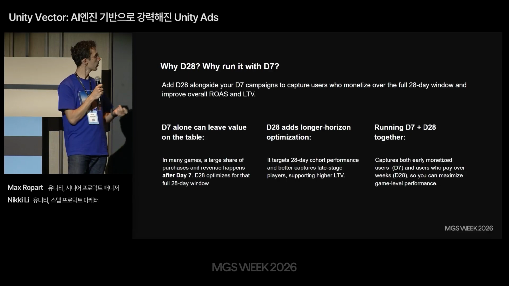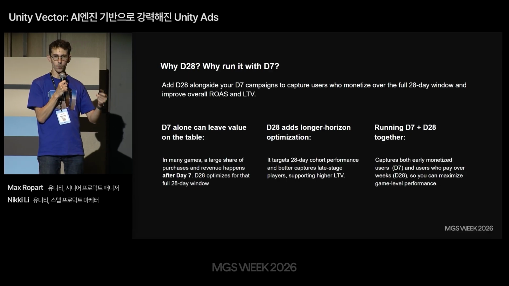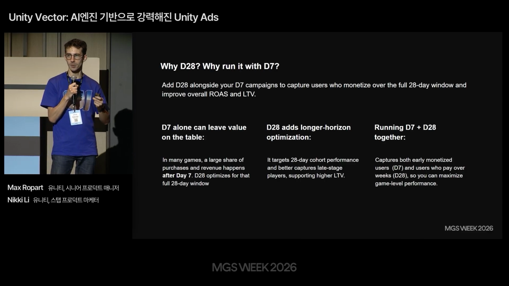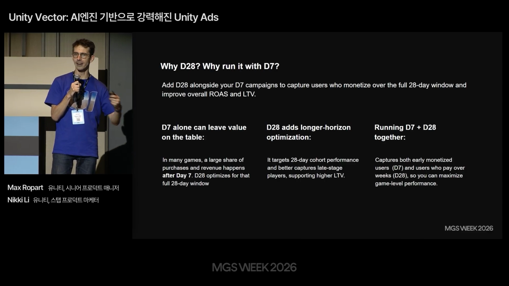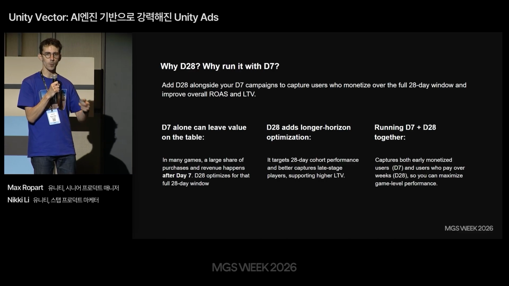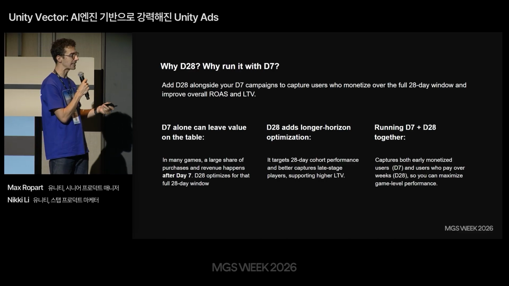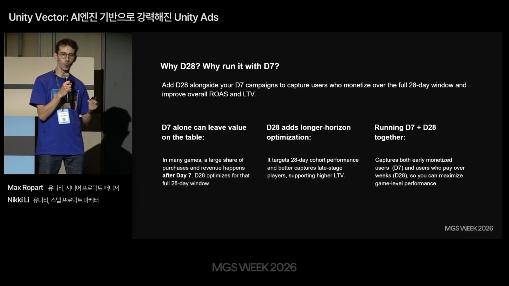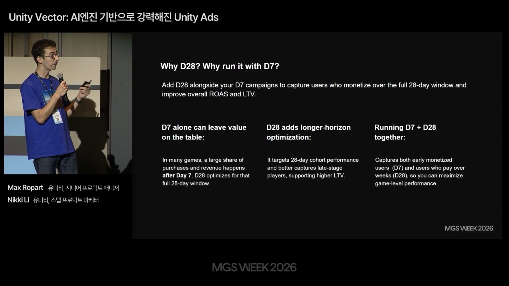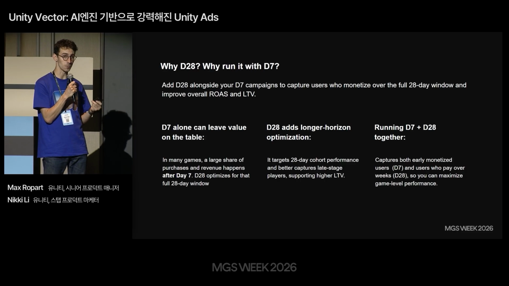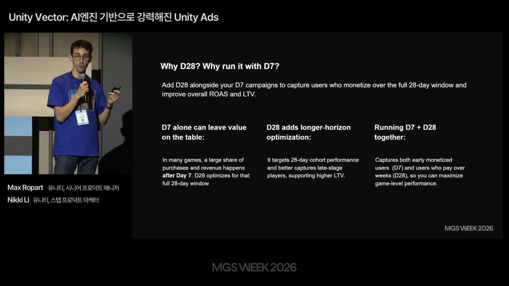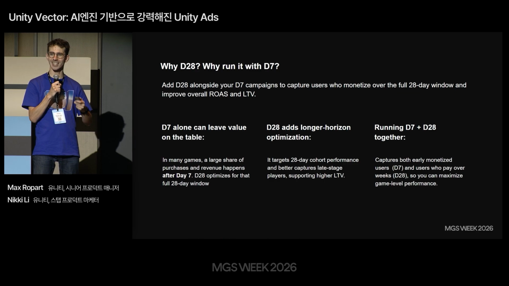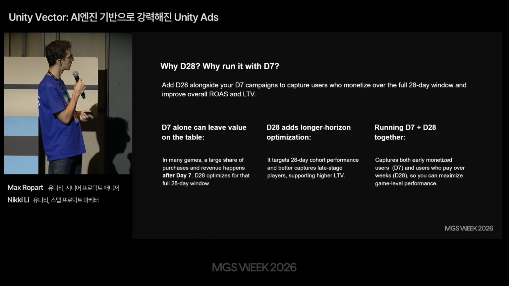So in simple words, if you run D7 or short signal only, Unity will capture volume and short-term value, but you will miss on the higher value users. If you run D28 only, you'll get these high value users, but you are going to miss on the volume and the opportunity that the scale of the users with short engagement represents. So we want to cover everything. By running both together, you can capture strong, consistent performance across the board.